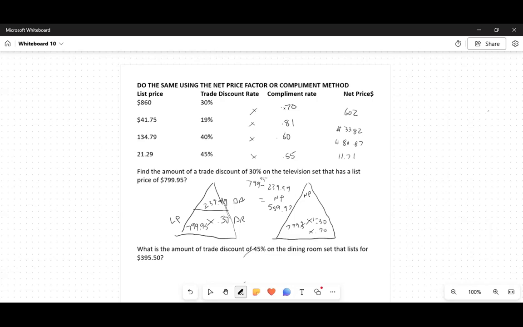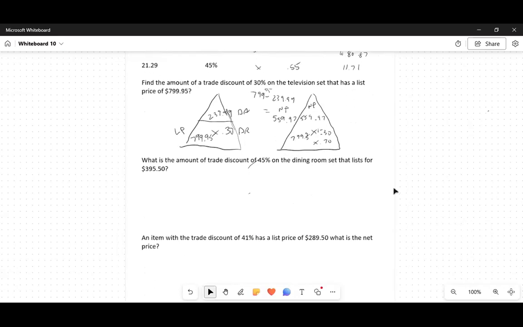Then I'd multiply $799.95 by 0.70, and that would give me my net price of $559.97. So all I did was remove the need to subtract the discount amount. If I'm getting a 30% discount, that means I'm paying 70% of the bill. So what's 70% of the bill? And that's how I figured it out.